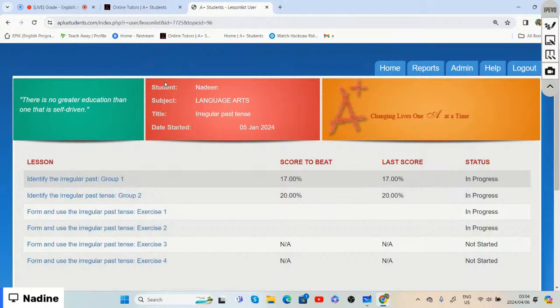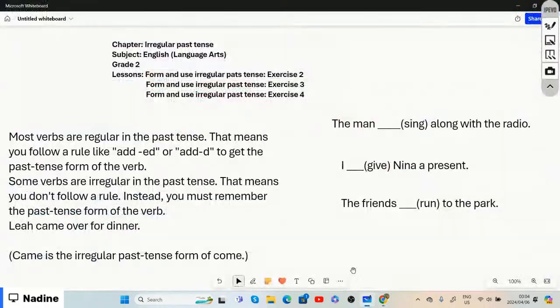All right. So our chapter is irregular past tense. The subject is English language arts, grade 2.